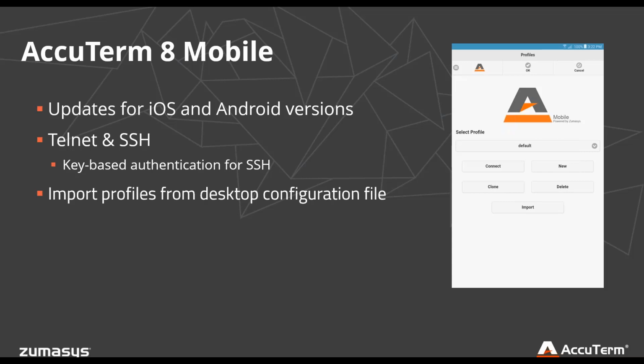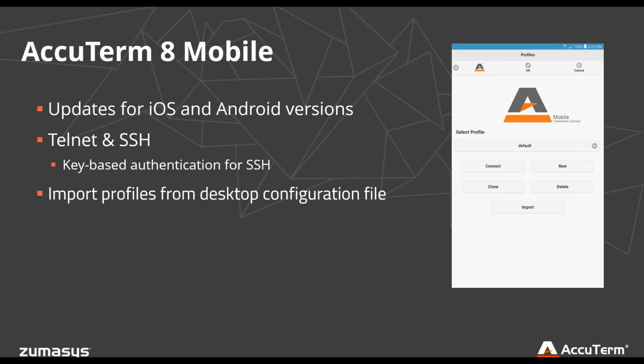Apple came out with iOS 13, which broke some things for the iOS version, so that's all fixed now in the current version on the App Store. If you're already running AccuTerm Mobile, you probably already saw that it had an update and downloaded it, and it should be working great. The mobile version right now is Telnet and secure shell connections.